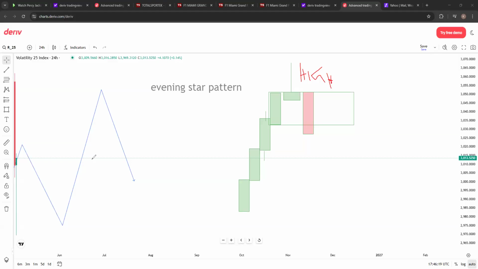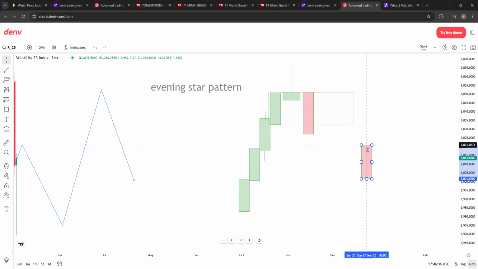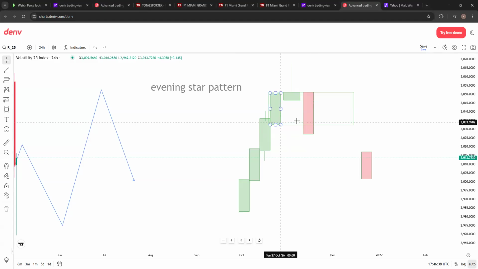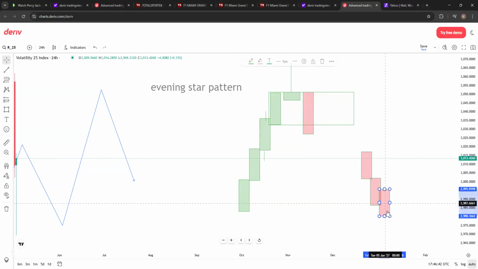So now let's move to the morning star pattern. What we know is when we are selling, we have a series of red candles that go down, pushing down the trend.